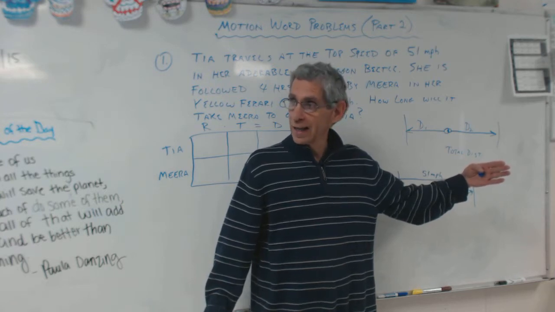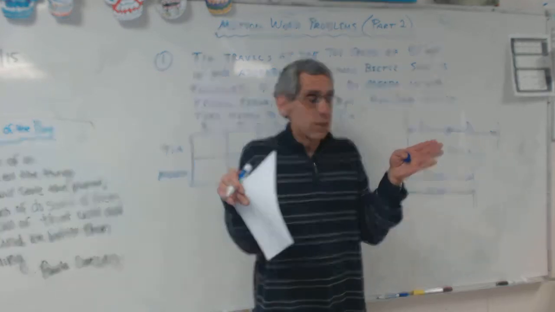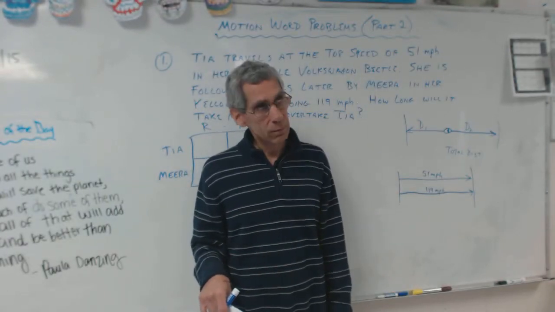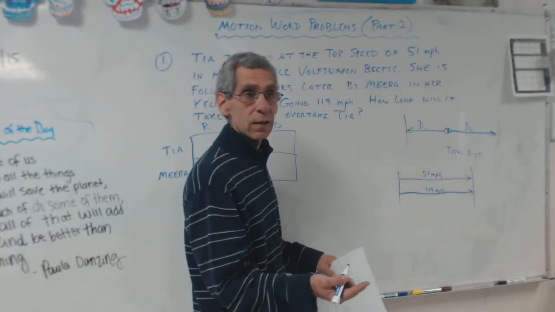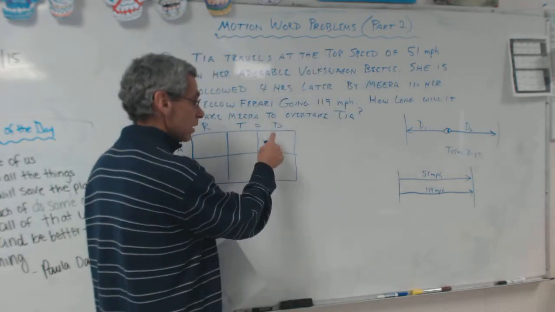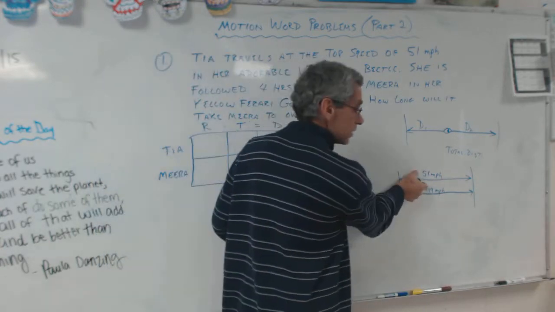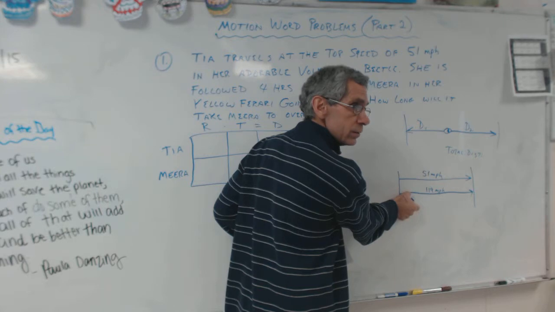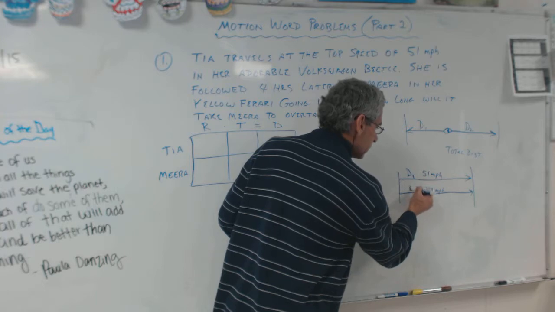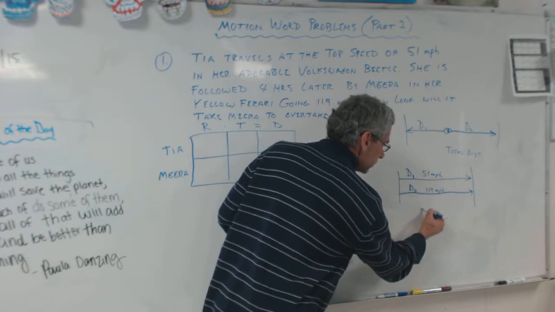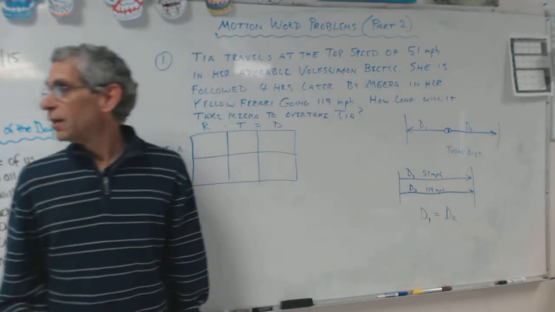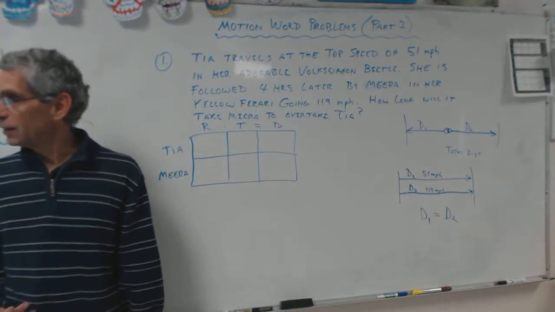It's just that one started later, but the distance that Tia drove is exactly the same distance that Mira drove, right? So my equation, after I fill out my box, is going to be this distance equals this distance. They're the same. So if this is distance 1 and this is distance 2, distance 1 is equal to distance 2. That's your equation now. Does it make sense?